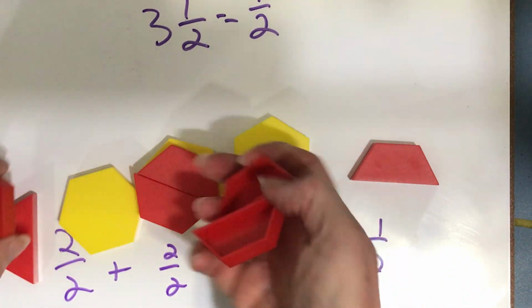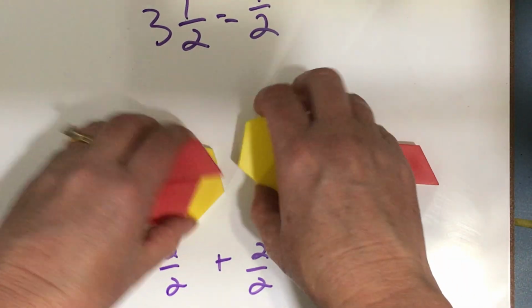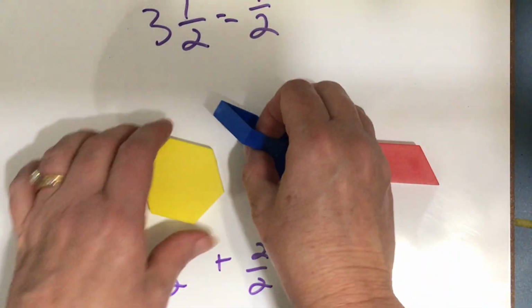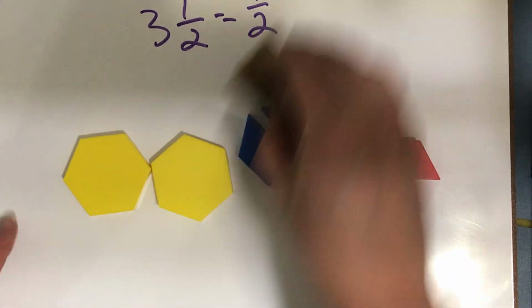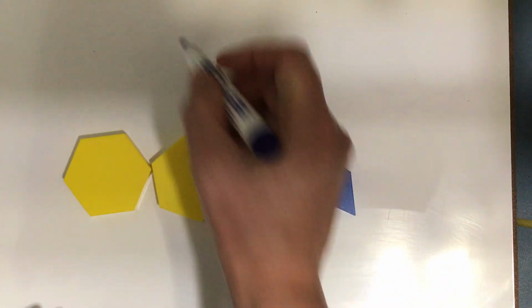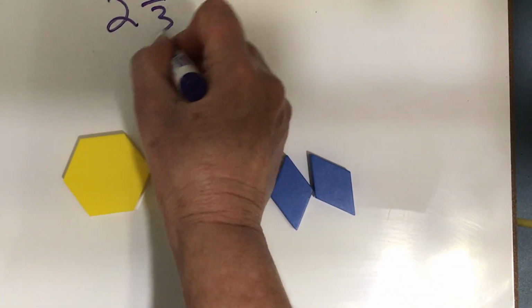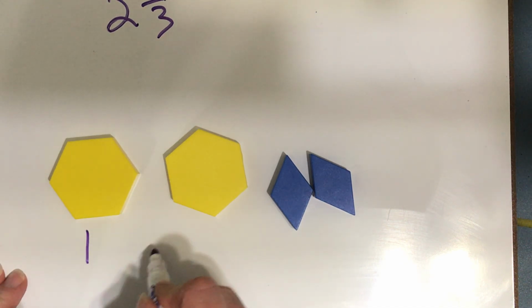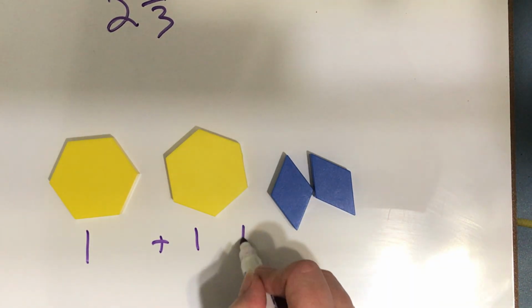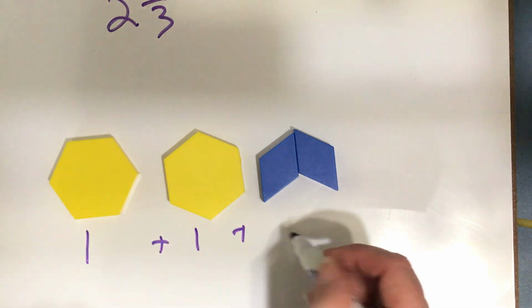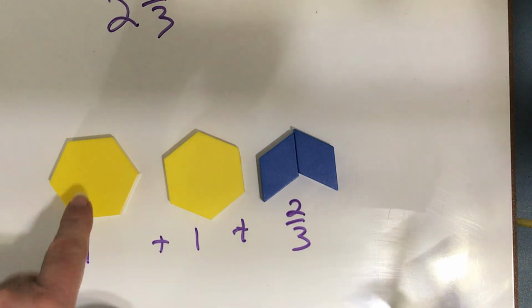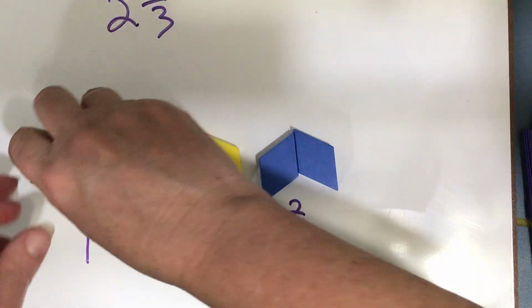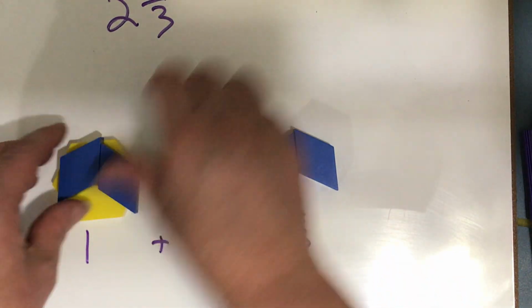Or maybe I won't have halves this time. Let's use a different denominator. Let's say I have 2 2/3 instead, and I want to rename that as an improper fraction. I know that's 1 plus 1 plus 2/3, and each whole is 3/3. I need to rename everything as thirds.